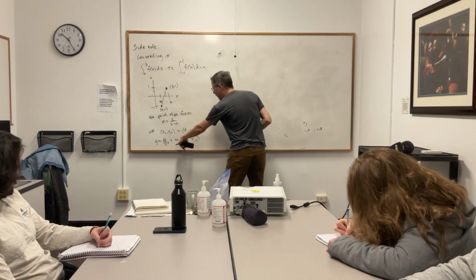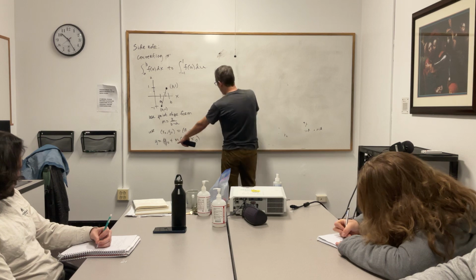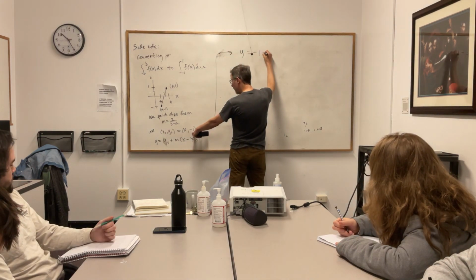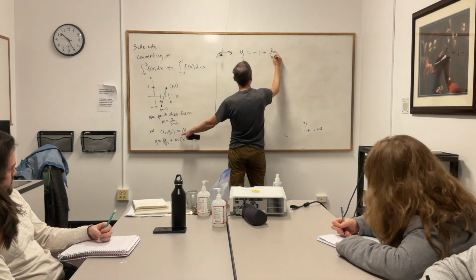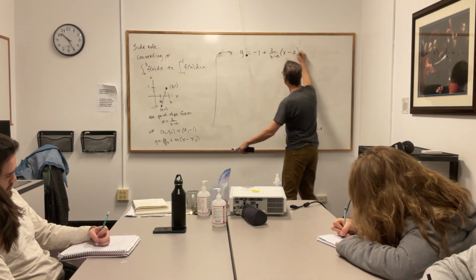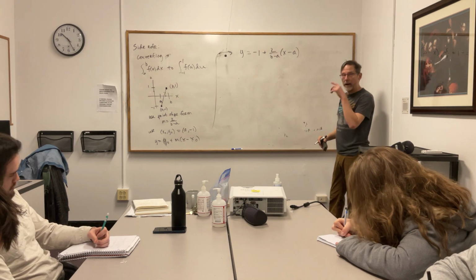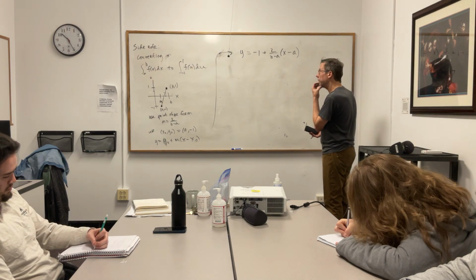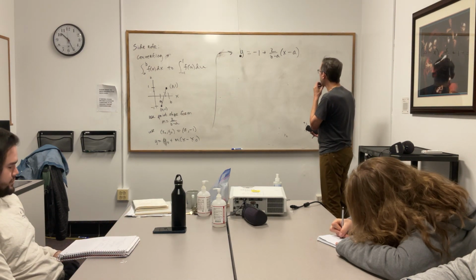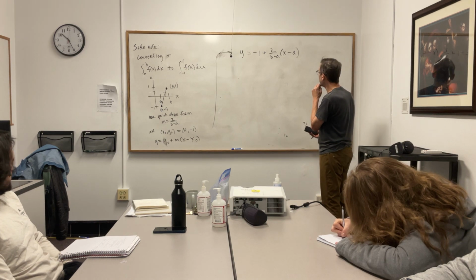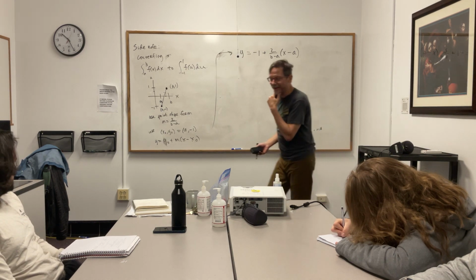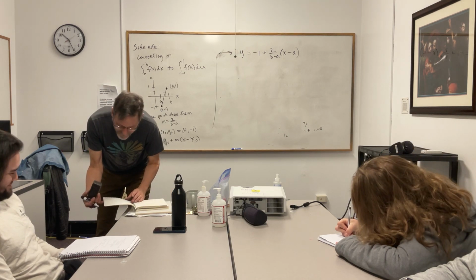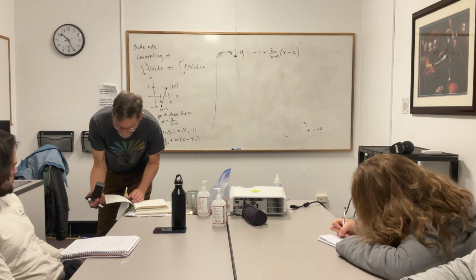See what we get. So this equation here is going to become y equals negative 1 plus our slope times x minus a. I guess that's about as good as it's going to look.